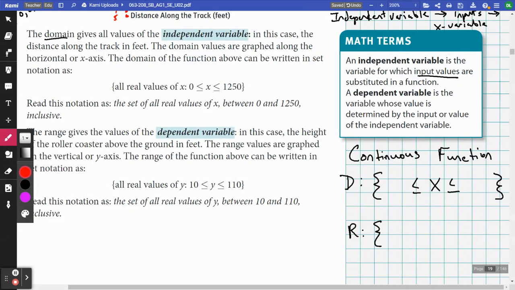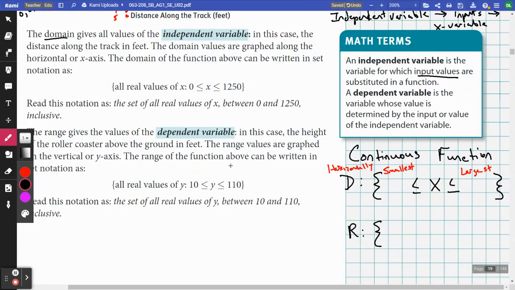And then I put my smallest here, and I put my largest here. What is my smallest x term in the graph? What is the smallest horizontally?